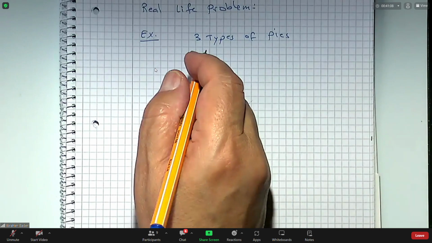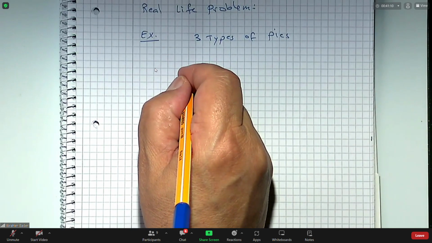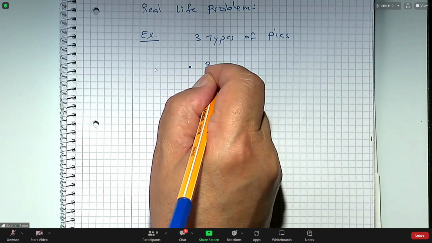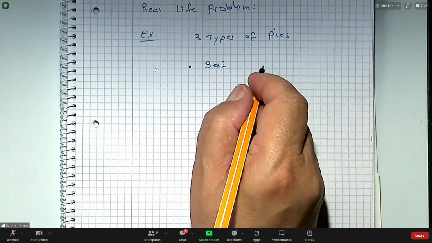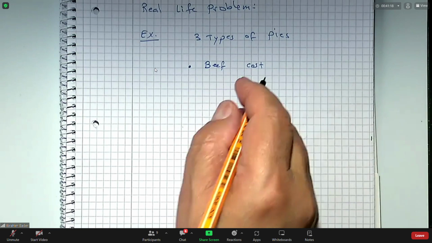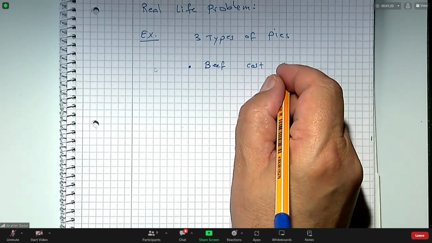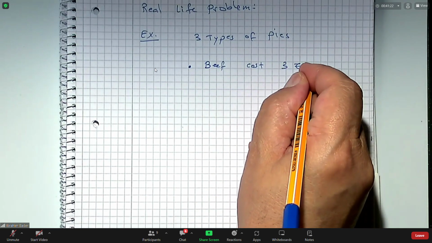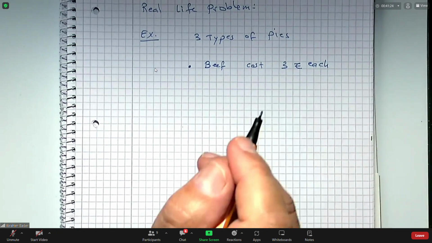The first type is beef and the cost per unit is, let's say, €3 each.